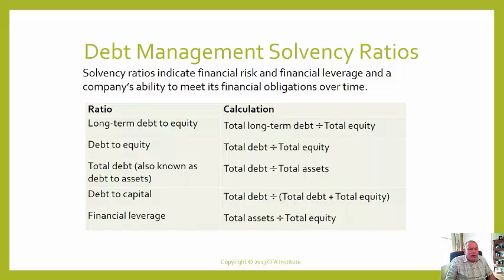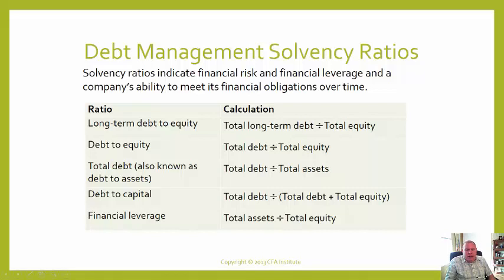One is long-term debt to equity, which is total long-term debt divided by total equity. The debt to equity, total debt divided by total equity. Total debt divided by assets. Debt to capital, total debt divided by total debt plus total equity. And then total assets divided by total equity, which is our financial leverage.